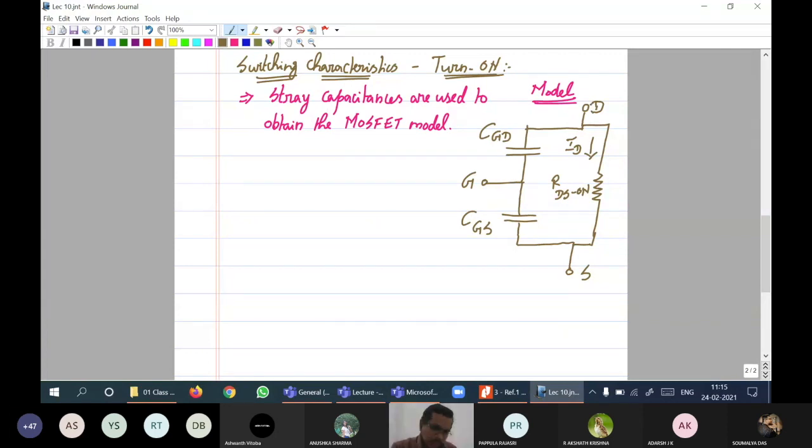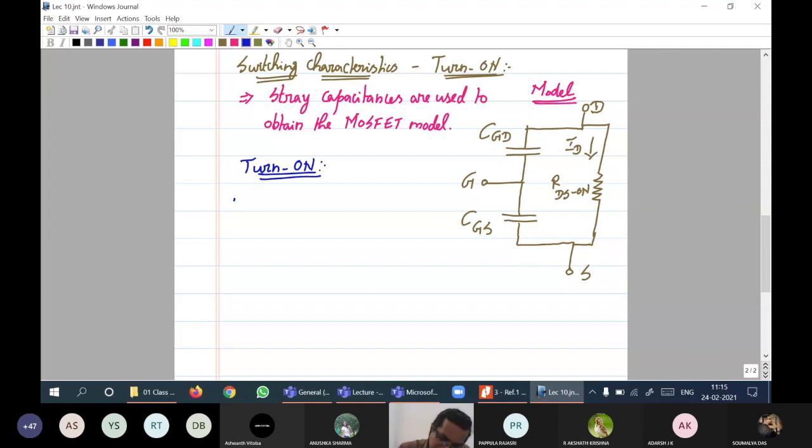Okay. Now, using this, we can easily find out the switching characteristics. We can easily understand the switching mechanism. How does it happen? Let's take the turn on characteristics, turn on mechanism.